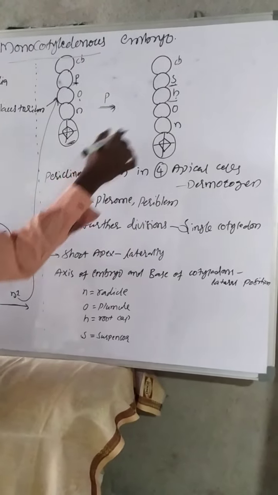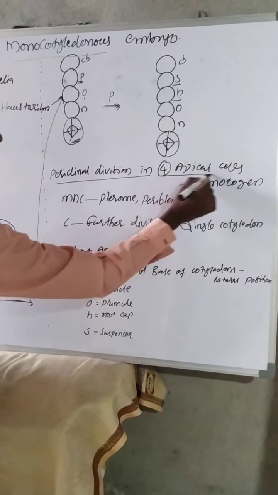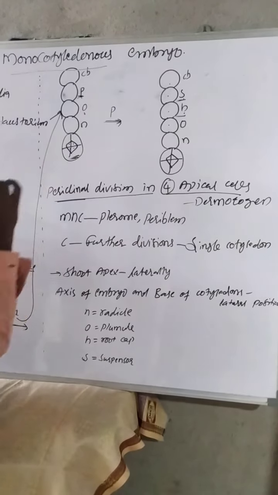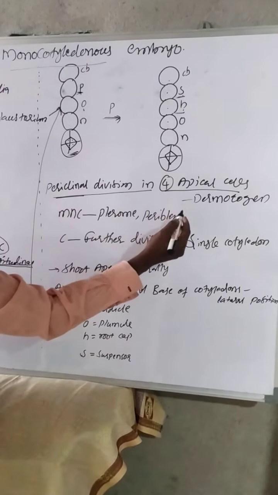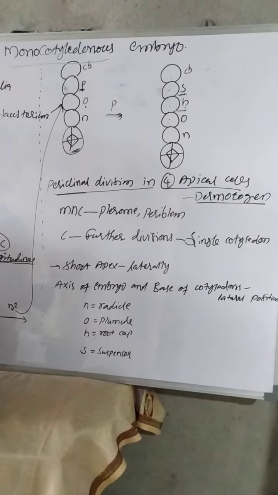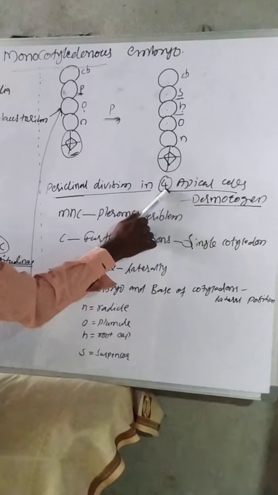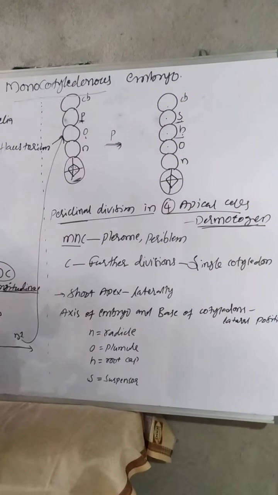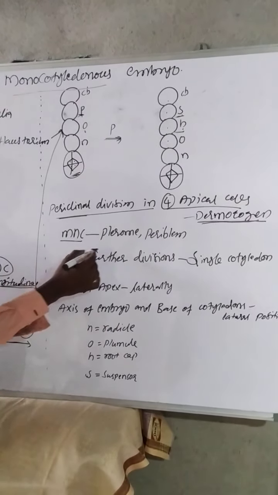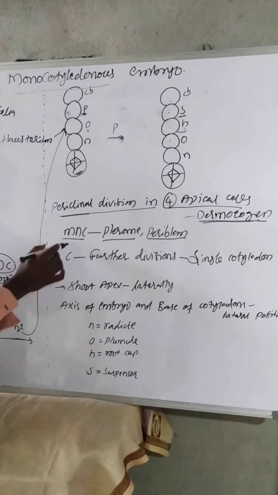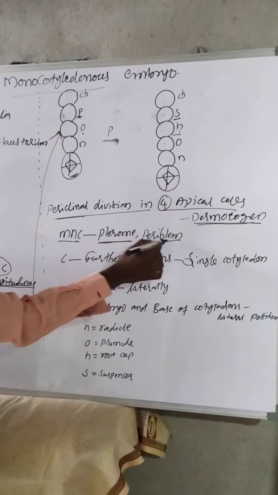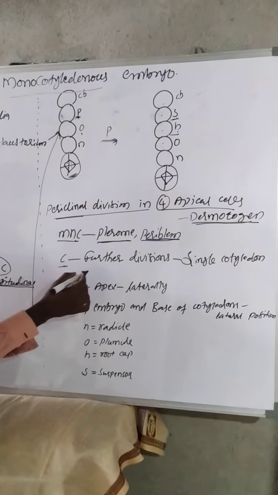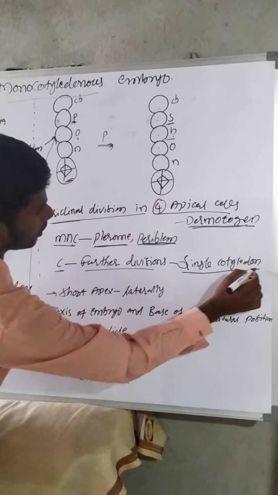Again, periclinal divisions occur in the 4 apical cells, one, two, three, four. These periclinal divisions form the dermatogen, and the remaining MNC cells divide and form the plerome and periblem. Then the C cell undergoes further divisions and forms the single cotyledon.